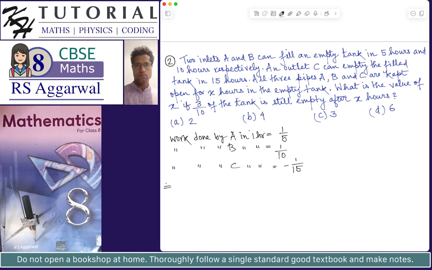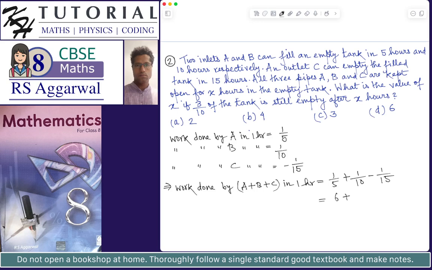So we have to see what the work done by all of them in 1 hour is. Work done by A plus B plus C in 1 hour will be equal to 1 by 5 plus 1 by 10 minus 1 by 15. The LCM will be 30.